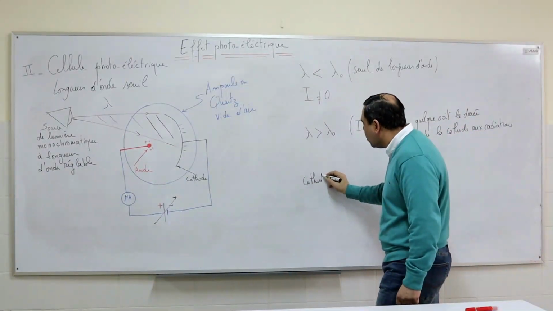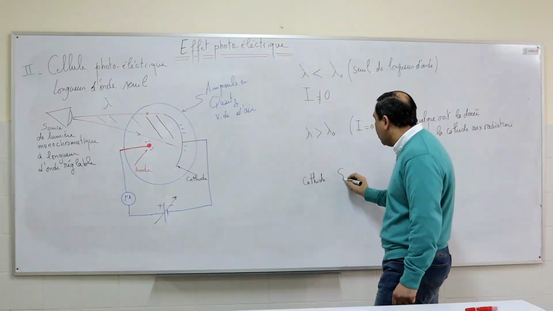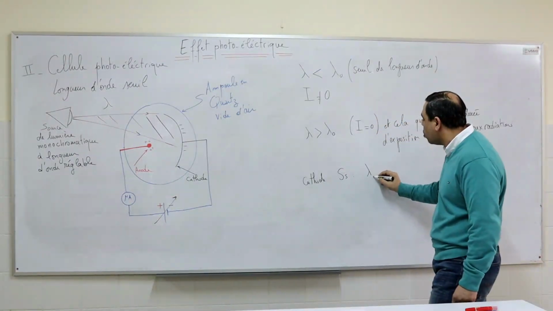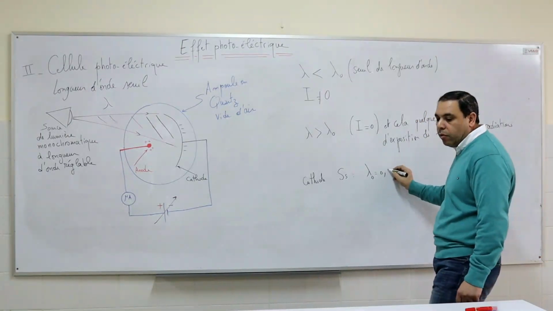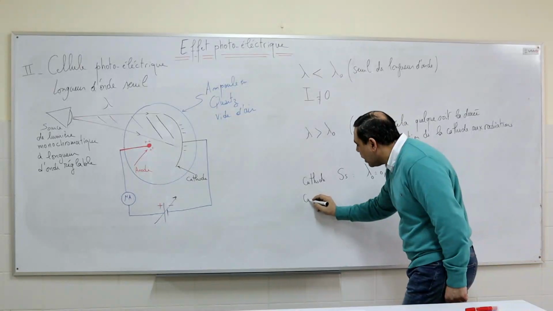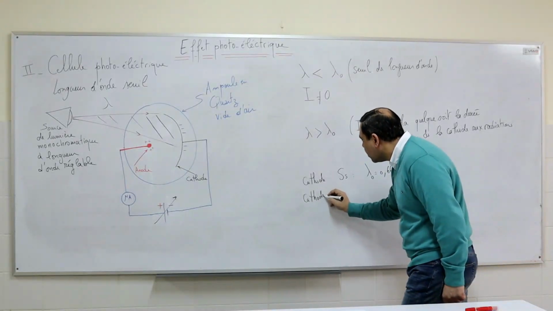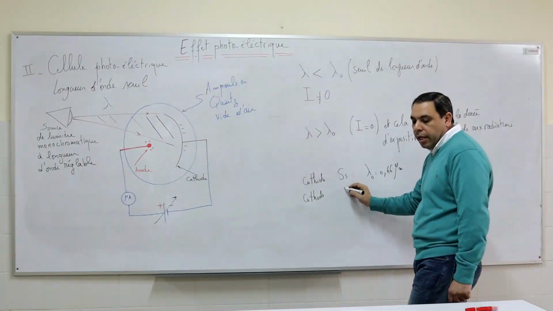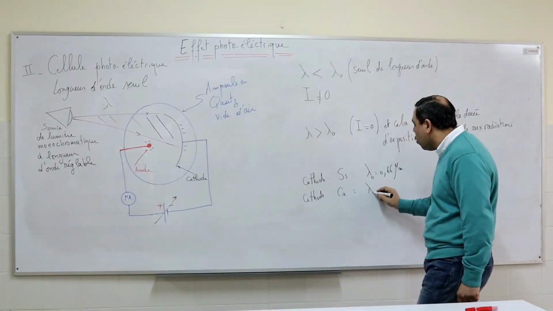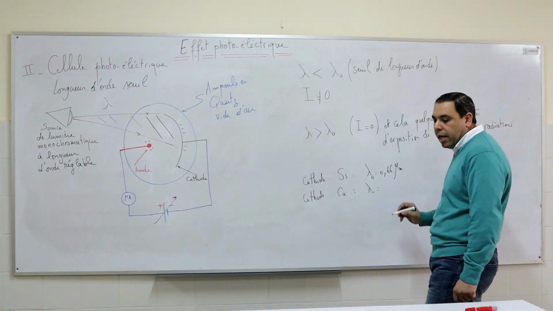If the cathode is made of cesium, the threshold wavelength is 0.66 micrometers. If the cathode is made of calcium, the threshold wavelength is 0.45 micrometers.